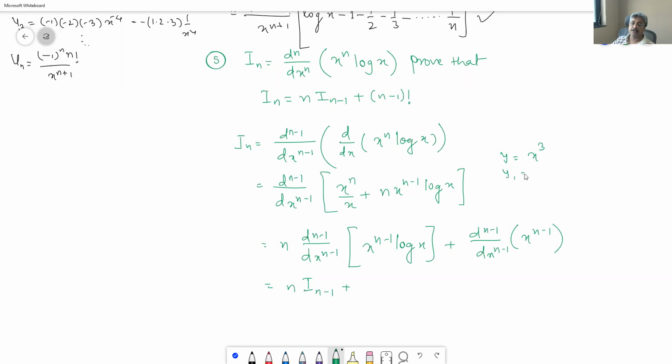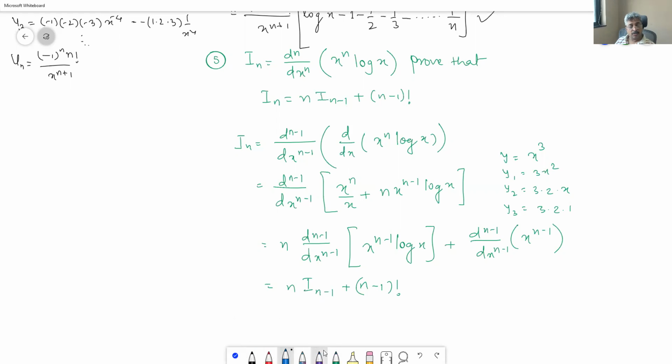The first derivative is 3x square, the second derivative is 3 into 2 into x, and the third derivative is 3 into 2 into 1. So the n minus 1th derivative of x raised to n minus 1 is n minus 1 factorial. That is what we wanted to prove: n into I n minus 1 plus n minus 1 factorial.